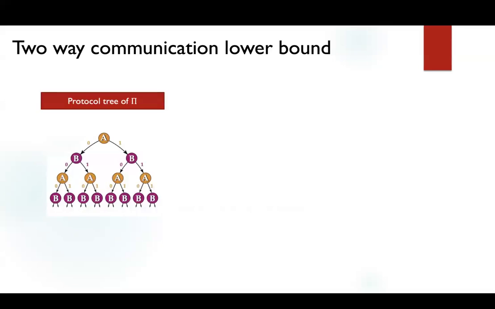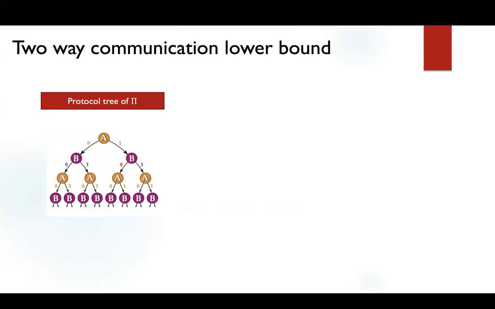Next, let's focus on the proof. In communication complexity, a communication protocol can be described as a binary tree, where each node describes whether Alice or Bob speaks, and the edges describe the communication bits in each communication round.